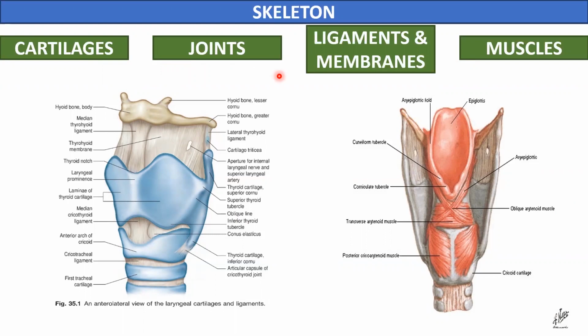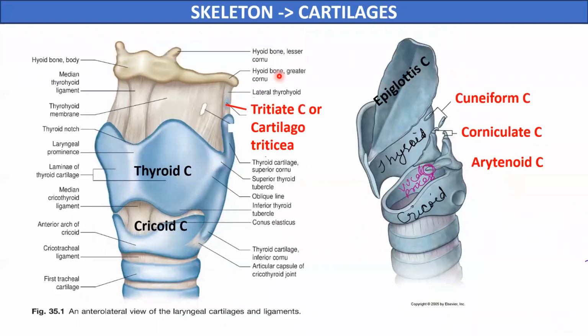First, the cartilages of the larynx. There are a total of 9 cartilages in the larynx, out of which 3 are unpaired and 3 are paired. First, the unpaired cartilages.